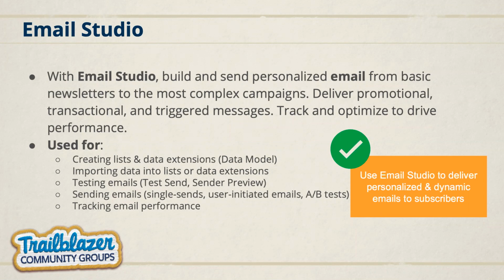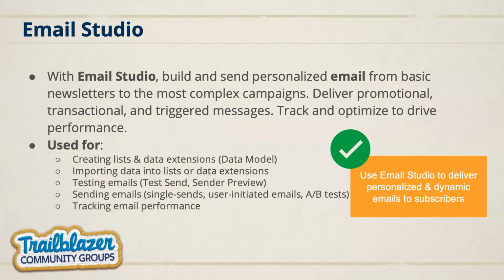Email Studio also allows you to track your emails, like how your emails are performing. It collects all that data about your emails. Within Email Studio, you can also create data extensions, which we just talked about, those tables where you can add subscriber data. There's also another concept of lists. Lists are still used, though I haven't heard them being used as much as data extensions.